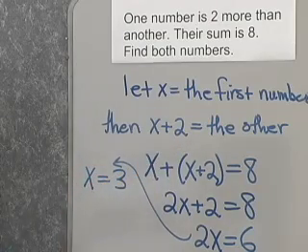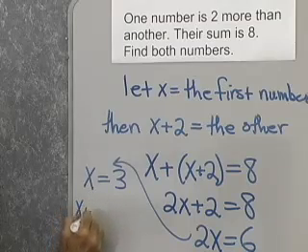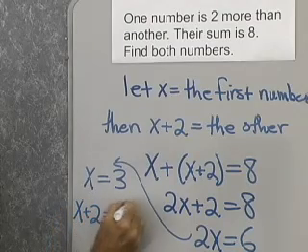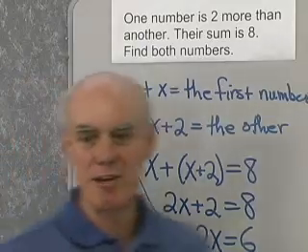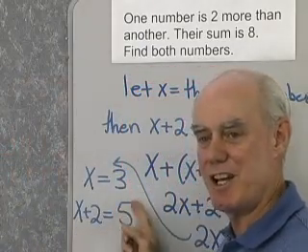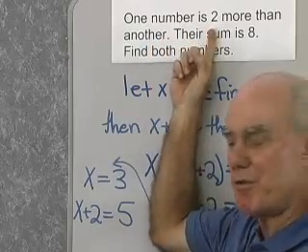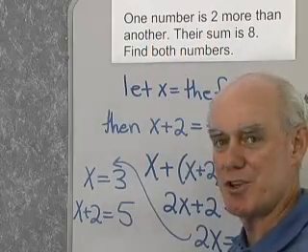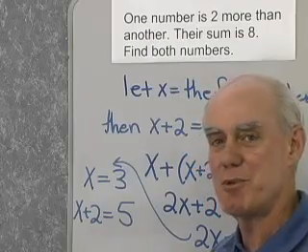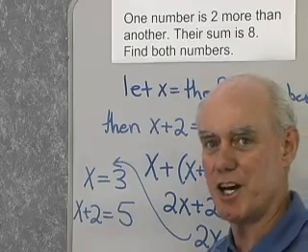Then x plus 2 must be equal to 5. So my two numbers are 3 and 5. Okay, I have here 3 and 5, and I know that 5 is 2 more than 3, and their sum is equal to 8. So there's two numbers whose sum is equal to 8, where one of the numbers is 2 more than the other number.